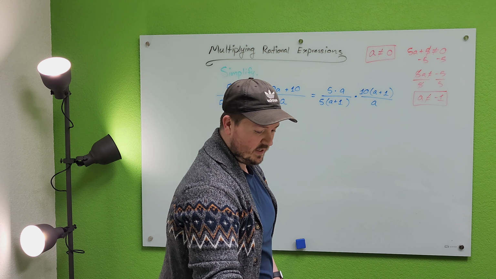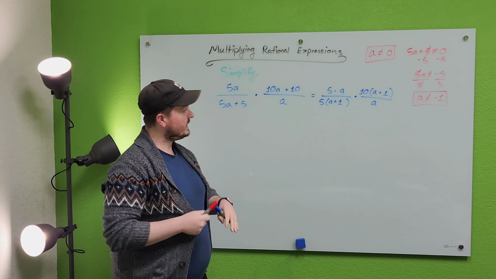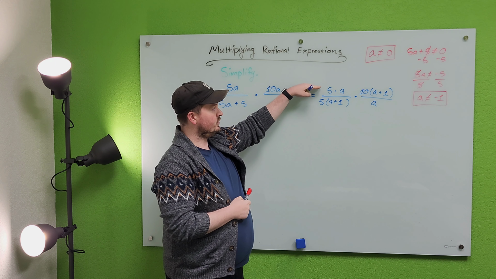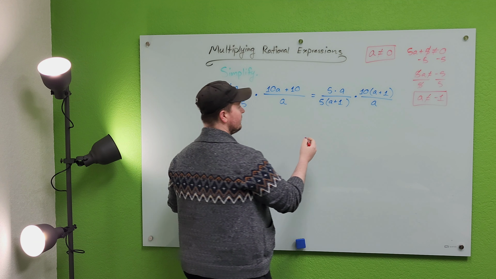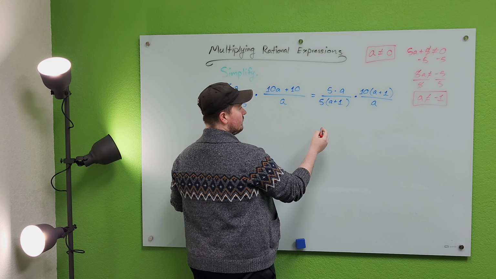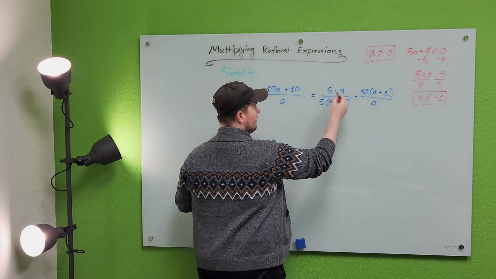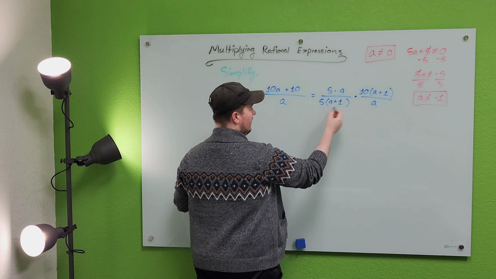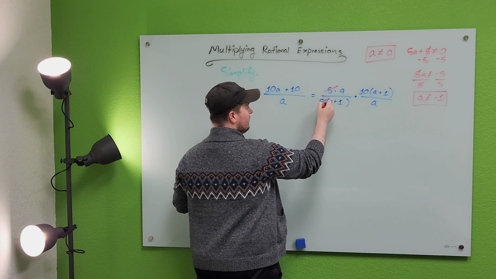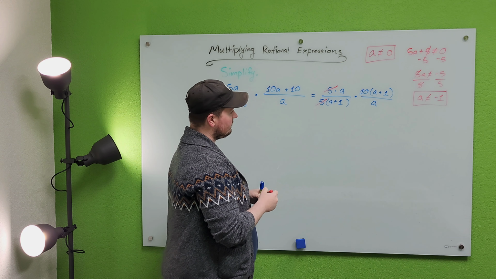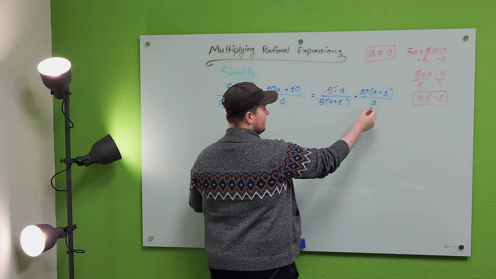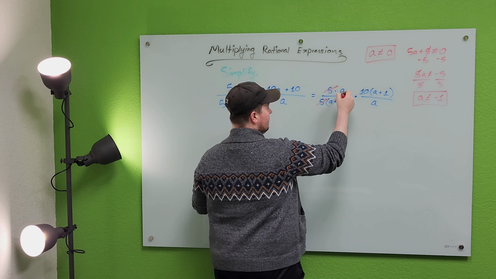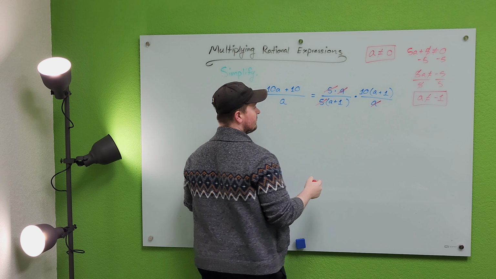So what we can do now is ask ourselves, are there any common factors in the numerator and in the denominator? We can see right here, we're multiplying the numerator by 5 up there and the denominator by 5 here, so those 5s cancel. We're multiplying the numerator up here by a and the denominator by a, so those a's cancel.